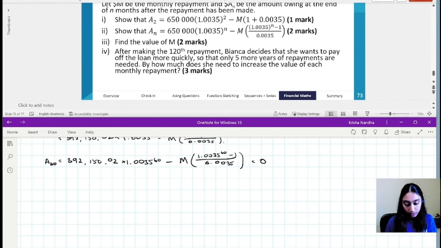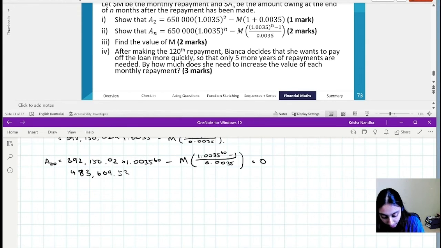So let's do that. 1.0035 to the power of 60 times 392,150.02 is 483,609.525252. I'll keep the repeating digits just so I don't make a calculator mistake later. Minus m times 66.35, and so on, which will be equal to 0.